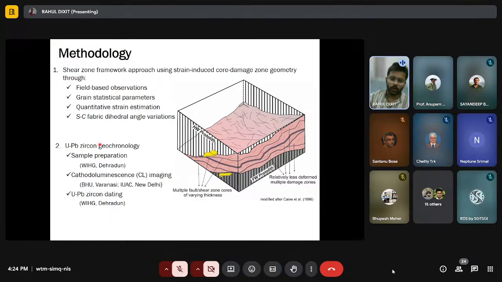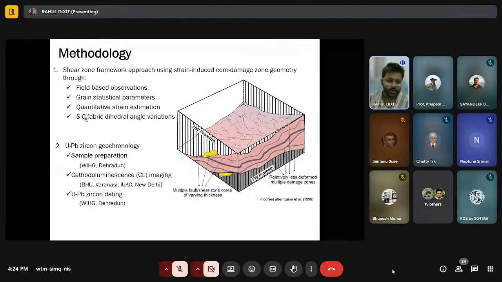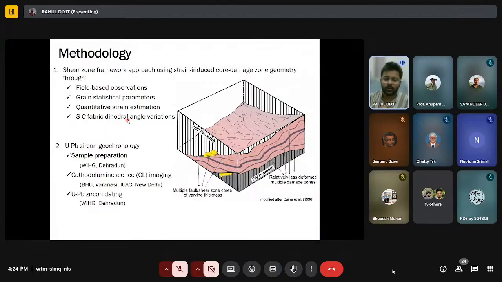For this, of course, we adopted field-based observation. We did grain statistical parameters, and we also performed quantitative strain estimation using the Fry method. We also measured the SC fabric dihedral angle variation across the given shear zone.